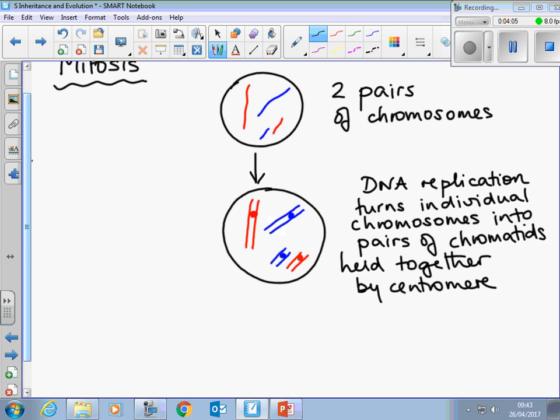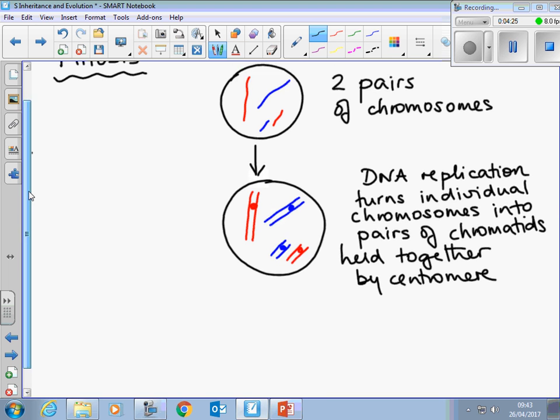The two long blue ones are identical as well. Now, I don't think I've drawn the blue one quite as long as the red one, but they are a matching pair. We talk about them being sister chromatids from one chromosome, so I could have put that in as well, into pairs of identical sister chromatids, but it then gets a bit lengthy.